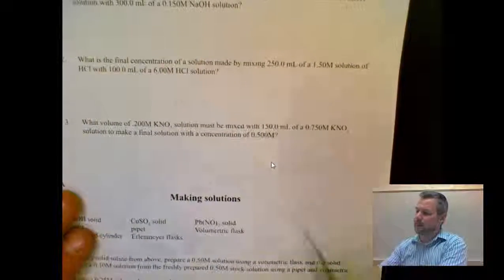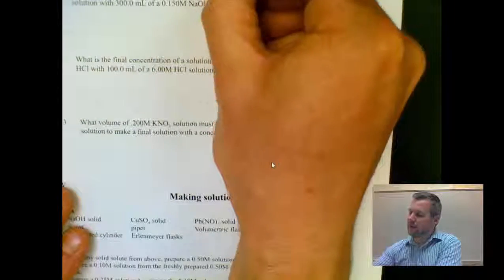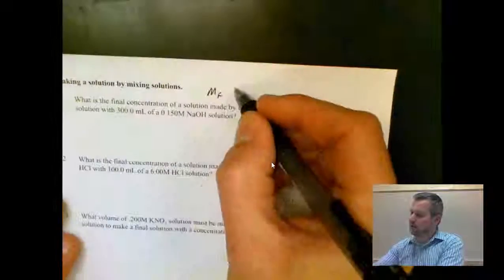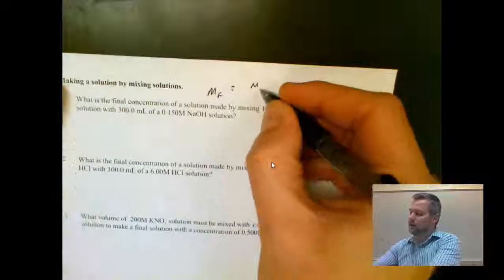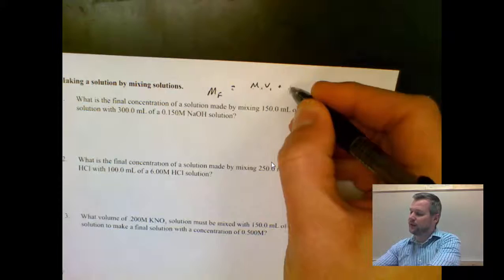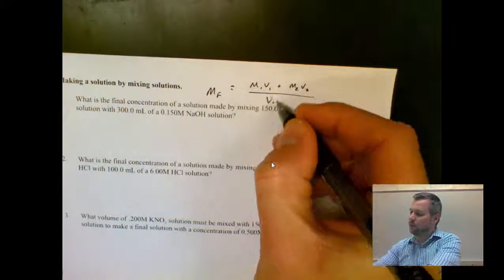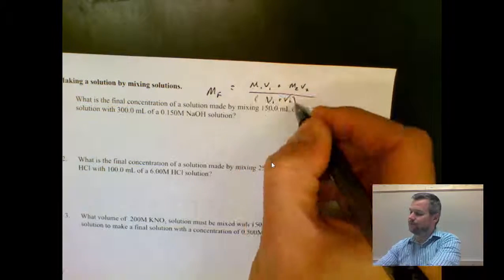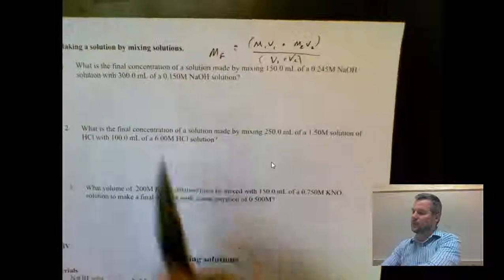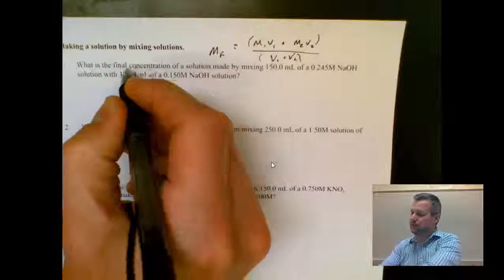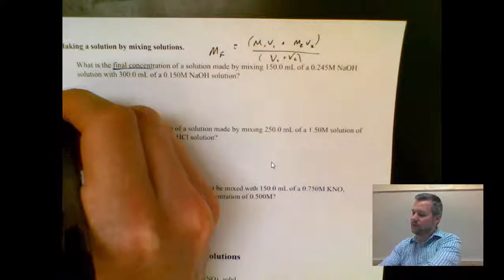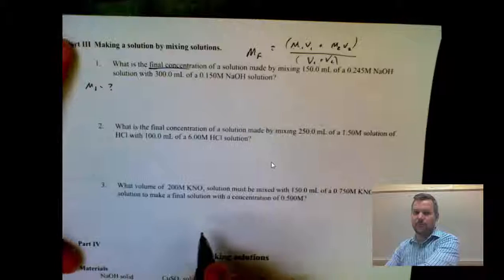Flipping to the back page, this is where you're using the final concentration, MF, is equal to M1V1 plus M2V2 over V1 plus V2. So what's the final concentration? That's MF equals question mark.